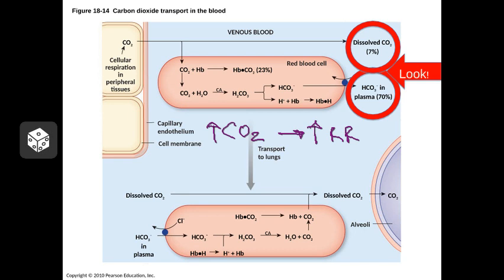When you have an increase in respiratory rate, the result is you blow off more CO2, and therefore CO2 levels will drop back to normal. This is how the respiratory system can influence pH. We'll look at this in more detail in class.